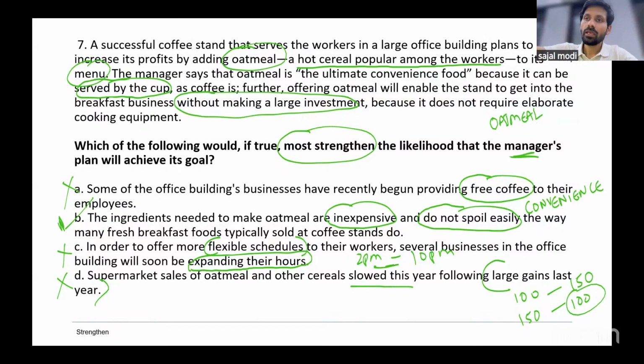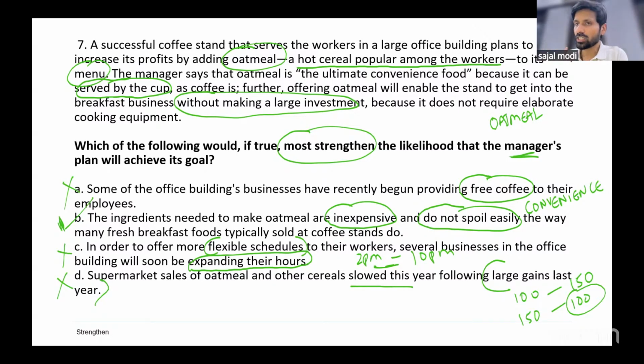Right? So, as I had said earlier in the beginning, strengthen is not that complex a topic. Maybe assumption is, because we are testing assumptions on two counts. First, it is relevant to the argument in the sense that it supports the argument, and it is also necessary for the argument.